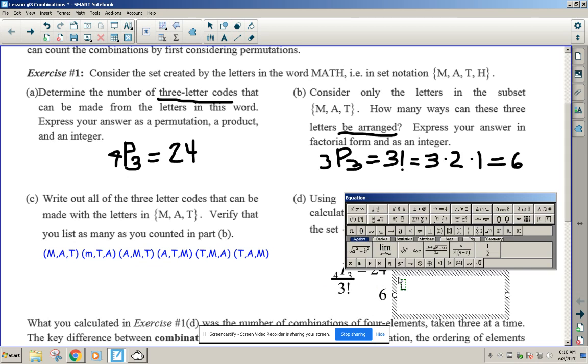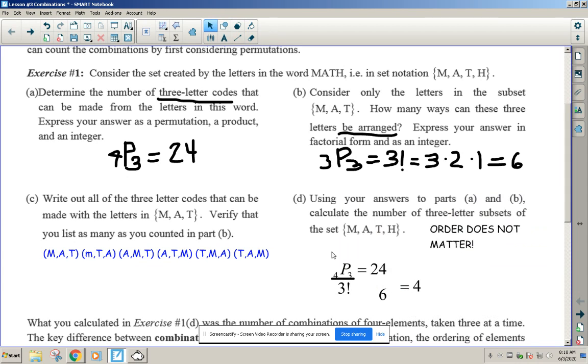Then together, I am going to equal 4. So there, this way you can read it.